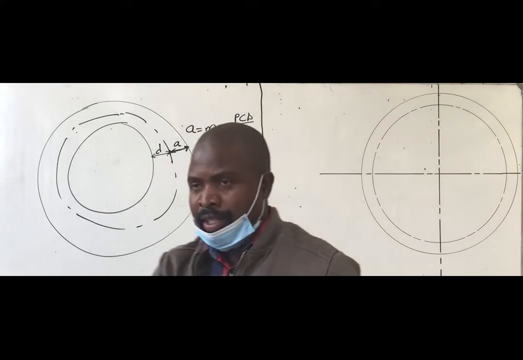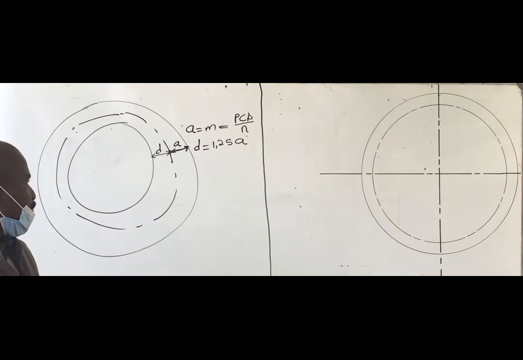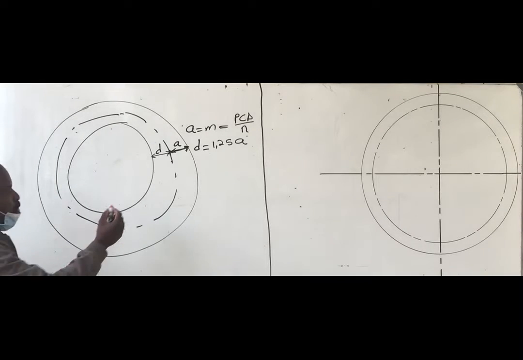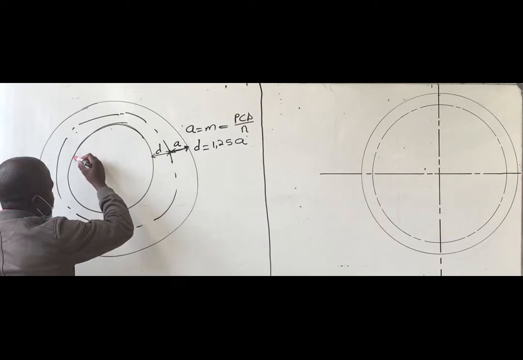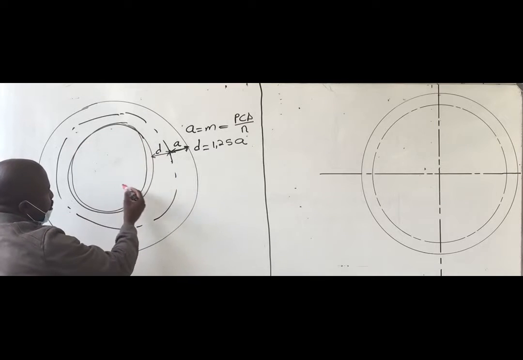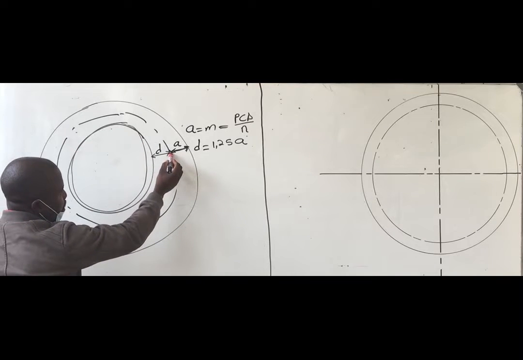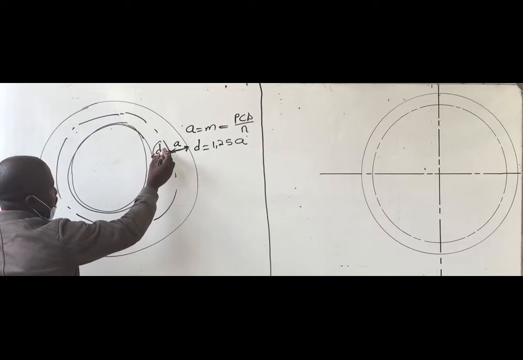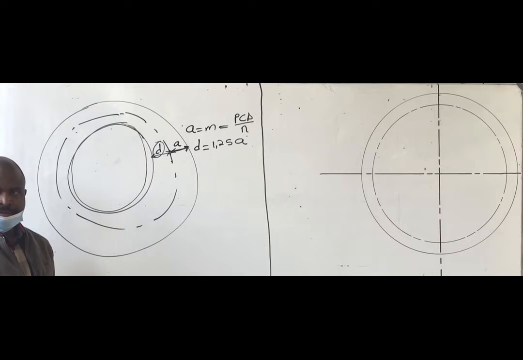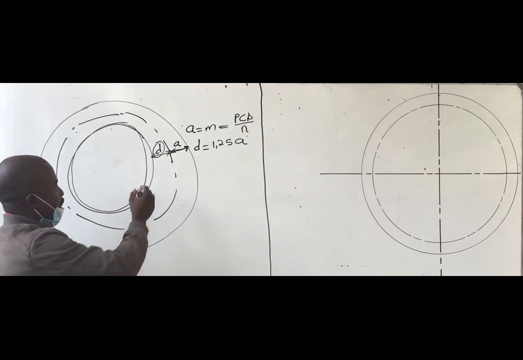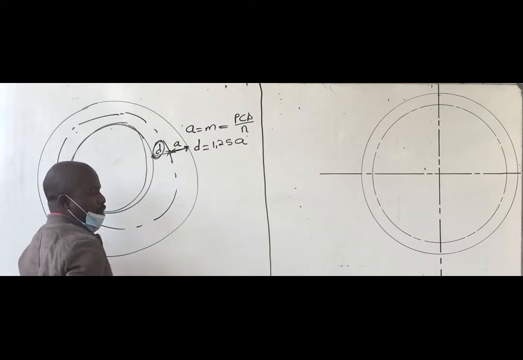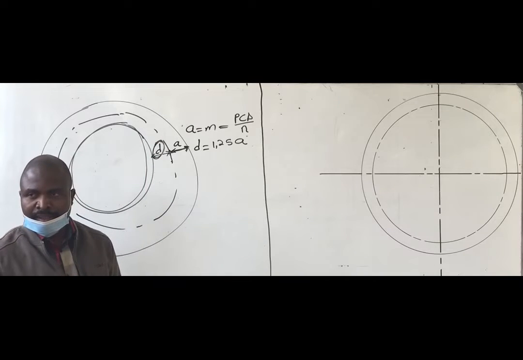Okay, let us look at the next one. We are going to draw a root diameter. For the root diameter, the distance between PCD and the root diameter is the dedendum. What will be our dedendum in this question?